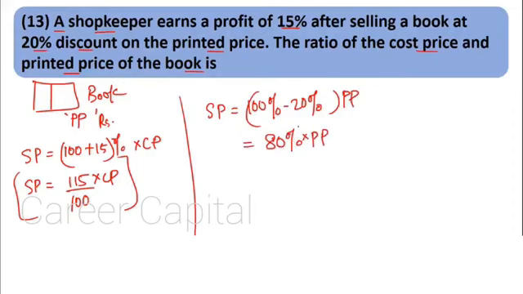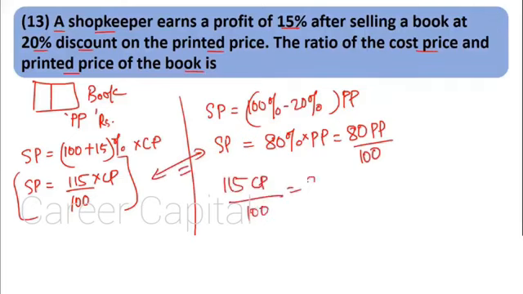Because there is a 20% discount, the customer has to pay only 80% of the printed price. This is also the selling price, that is nothing but 80 into PP divided by 100. Both these are selling prices, so they have to be equal. So what do we get? 115 CP upon 100 equals 80 PP upon 100. This gets cancelled.